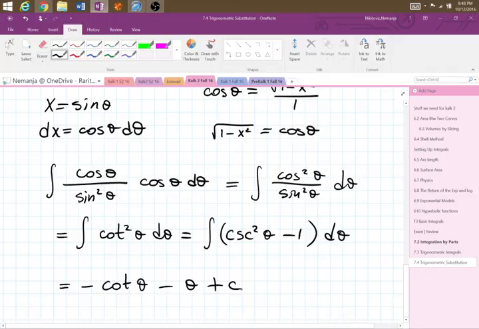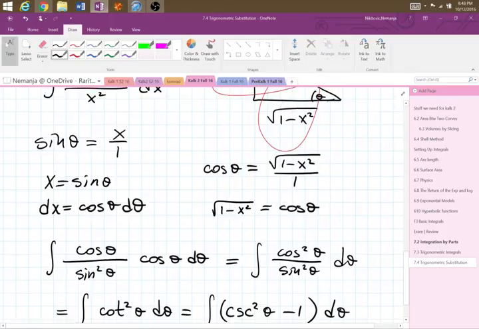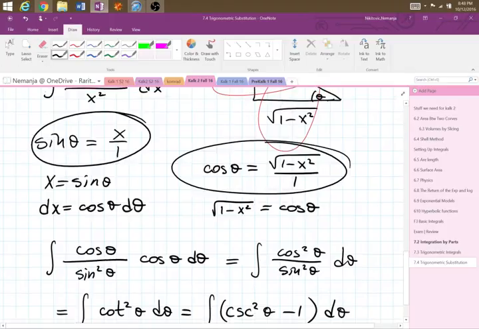Plus c. And you see, we ended up with a cotangent theta in the answer. My basic functions, which I pulled over here, do not have cotangent theta. But I don't despair because I have the triangle. What's the cotangent in terms of adjacent and stuff?